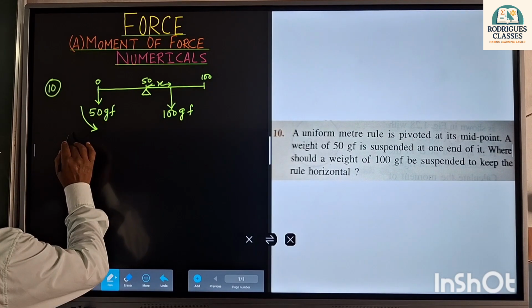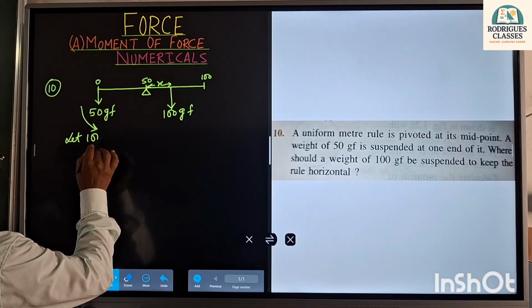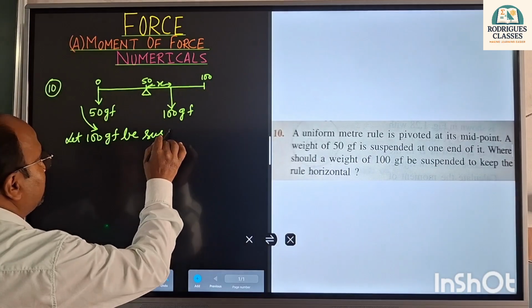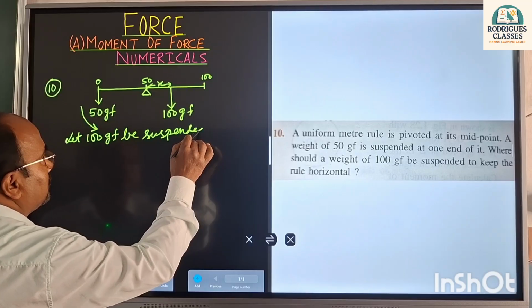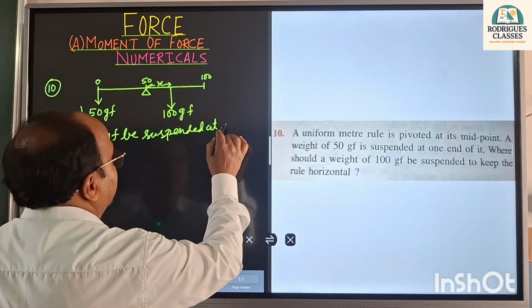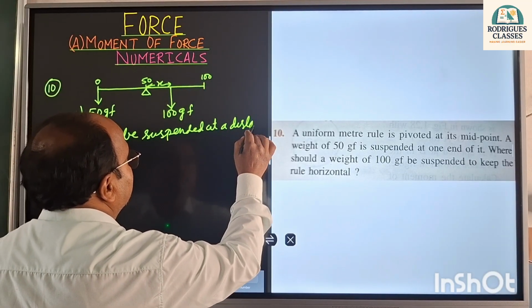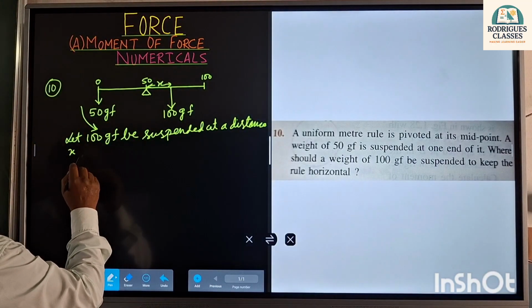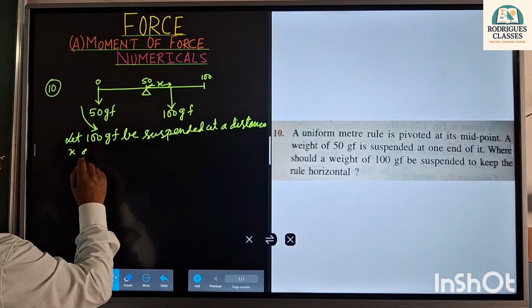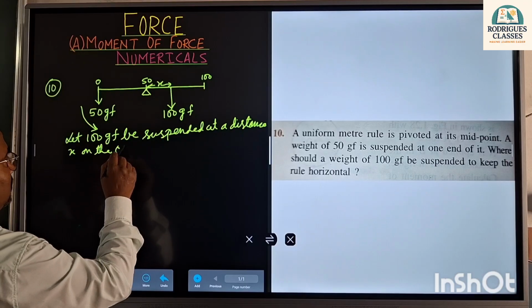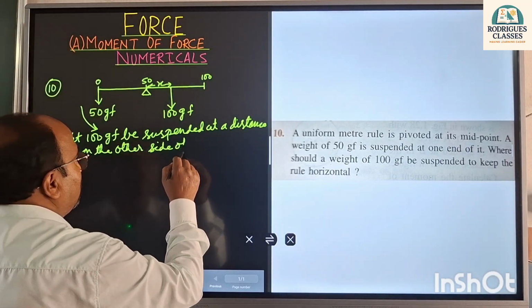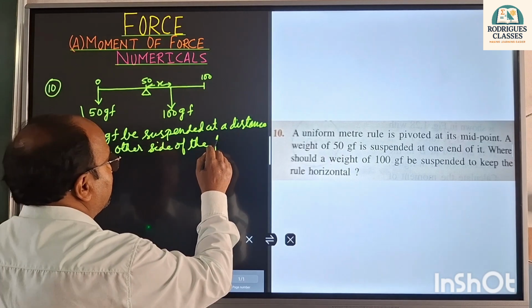So I will write here, let 100 GF be suspended at a distance x on the other side of the pivot.